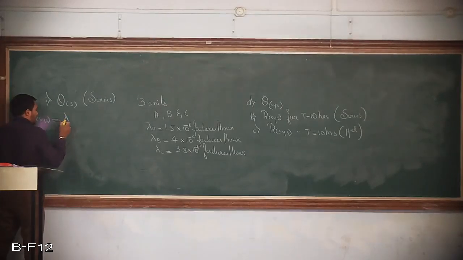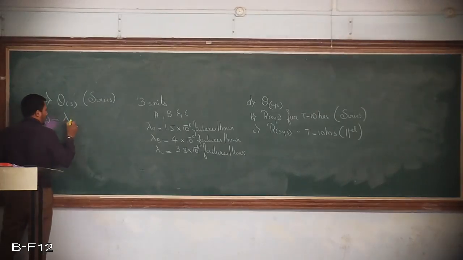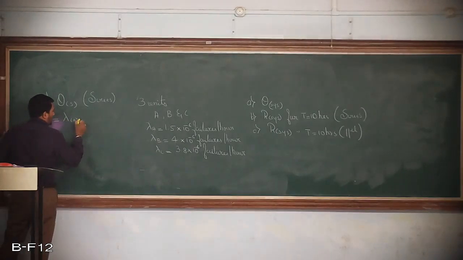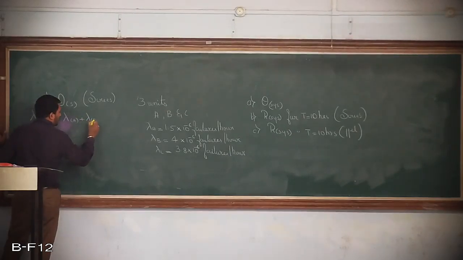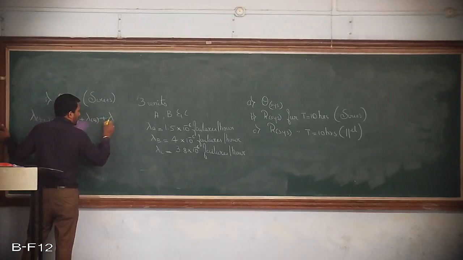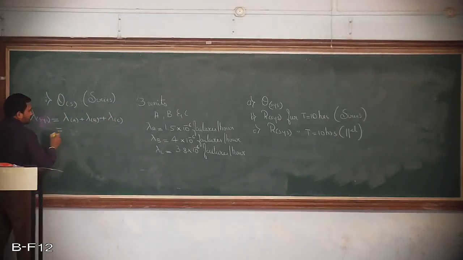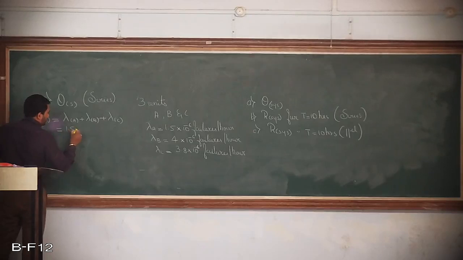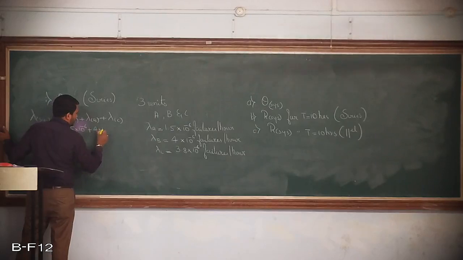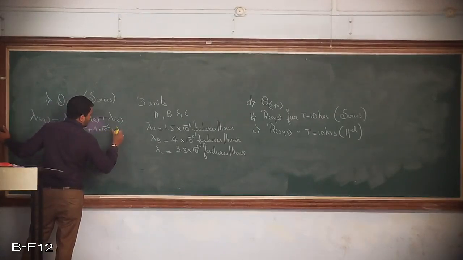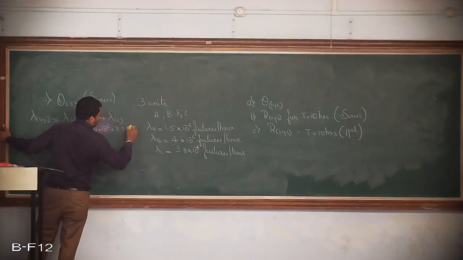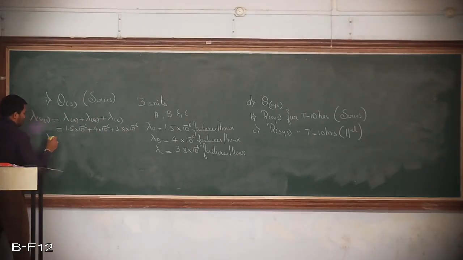So here, there are 3 parts, hence the failure rate of the entire system is the failure rate per hour of part A plus failure rate per hour of part B plus failure rate per hour of part C. So this is the failure rate per hour of the entire system.